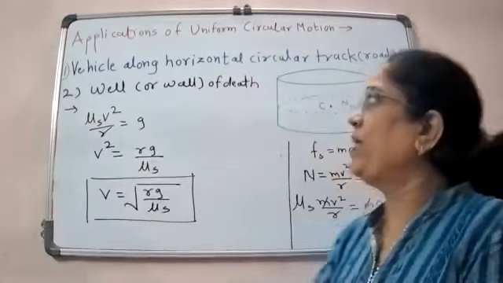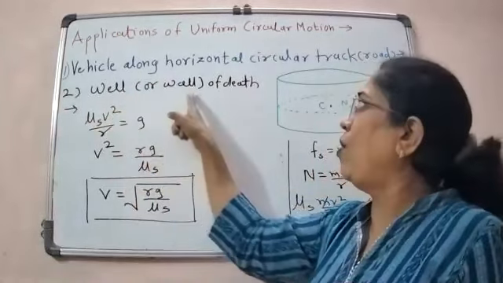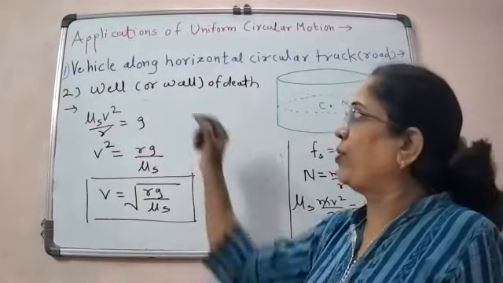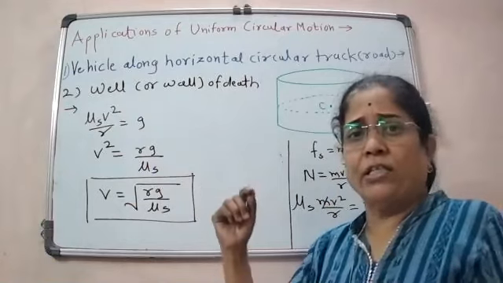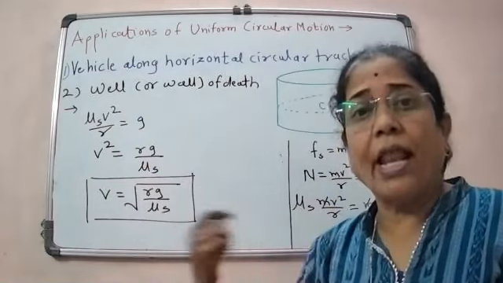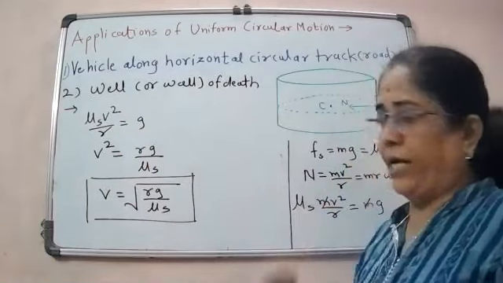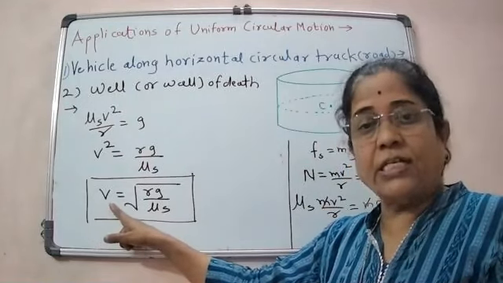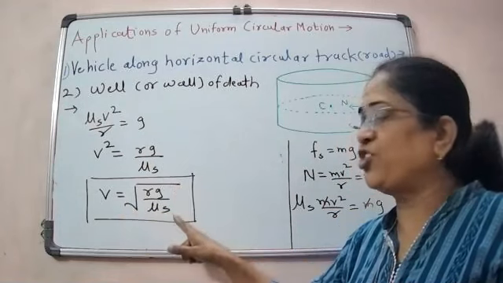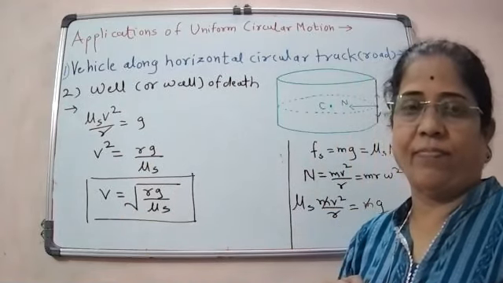And the second application is the wheel of death, where for the horizontal circular motion along the wall of death, the necessary speed is equal to square root of rg upon mu s.